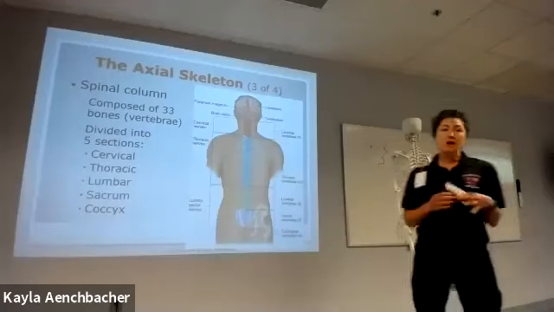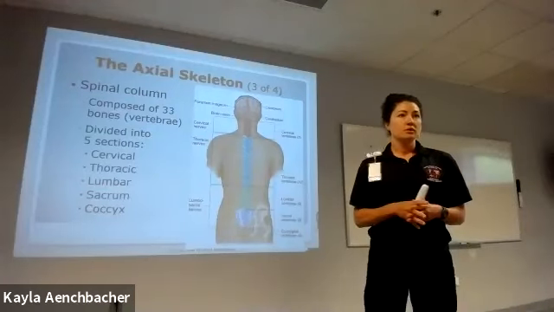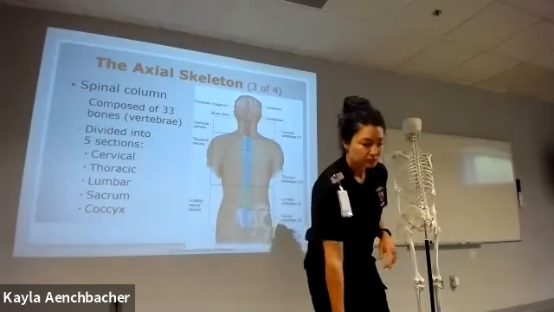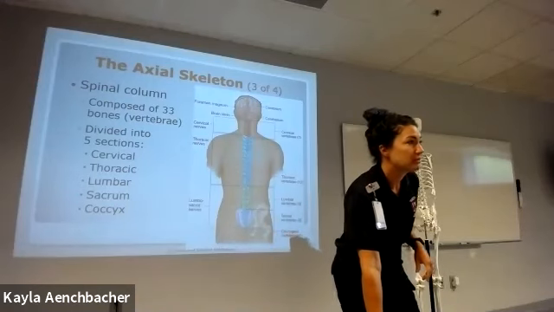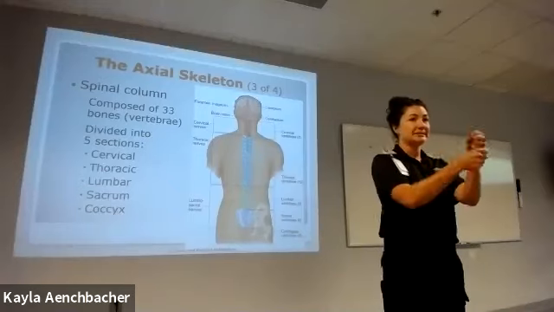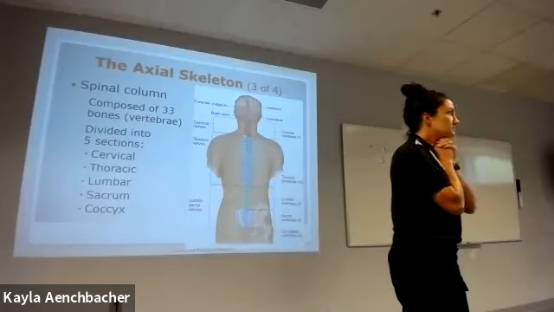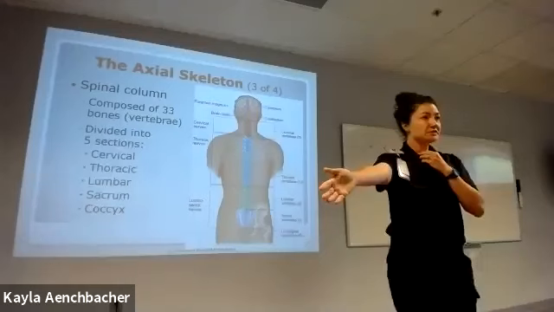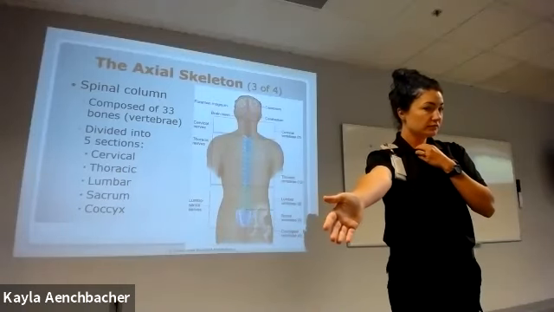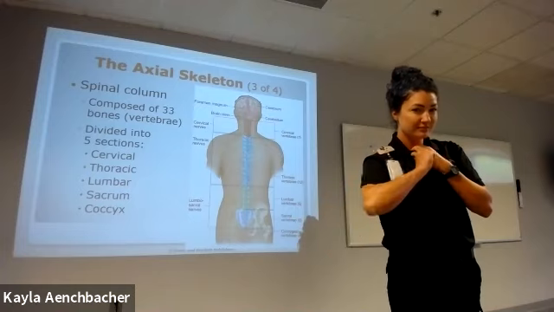All right, let's talk about the spinal column. Why do we have it? What is it home to, and why is it important that it stays in the structure that it's in? There are a lot of nerves in your spine. It's basically your nerve highway.